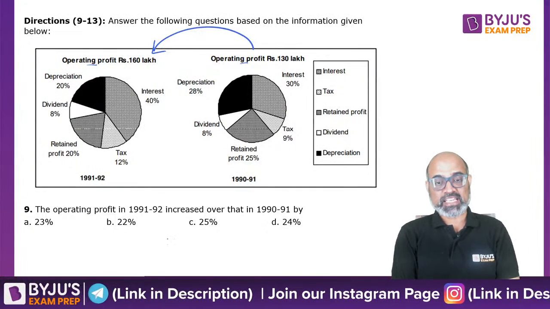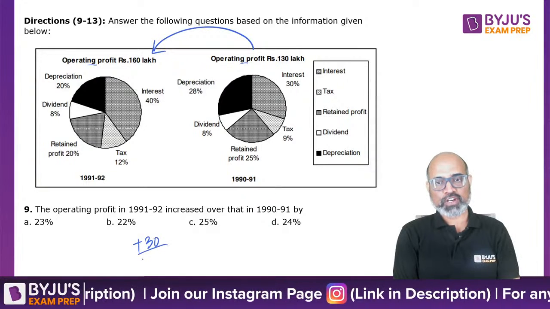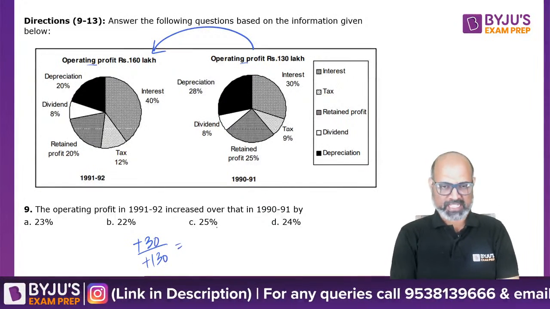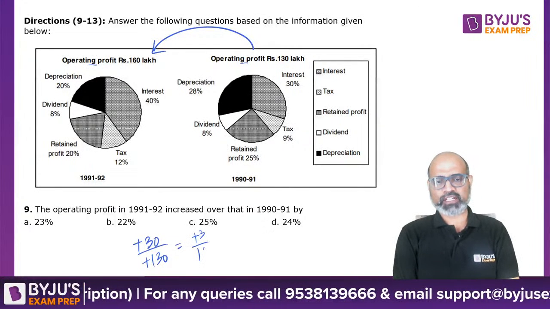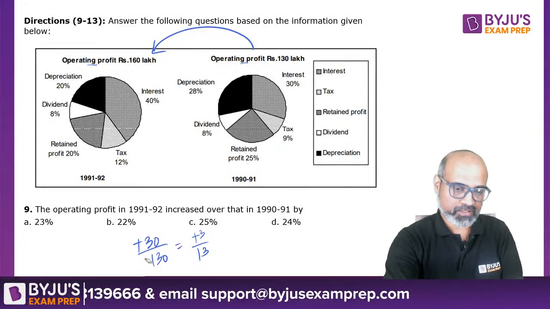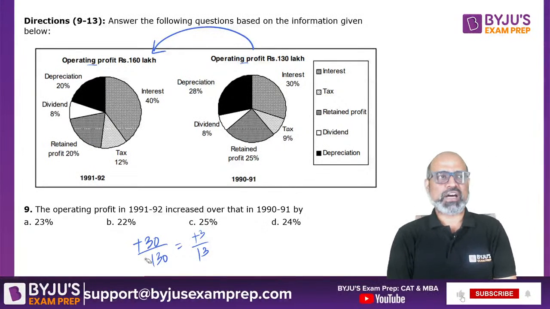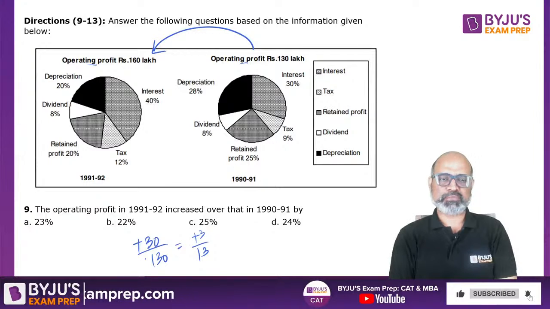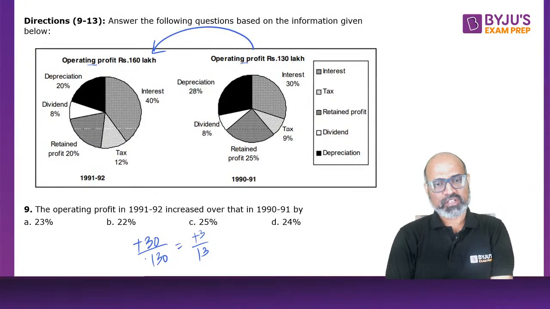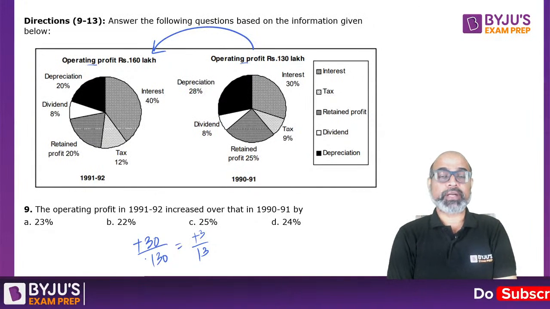So that's an increase of 30 over 130. Which is same as increase of 3 over 13. How much is that 3 over 13? What percentage is this? 1 by 13 is 7.7%. So how much will 3 by 13 be? 3 times 7.7, which is going to be 22 or 23 or 24.